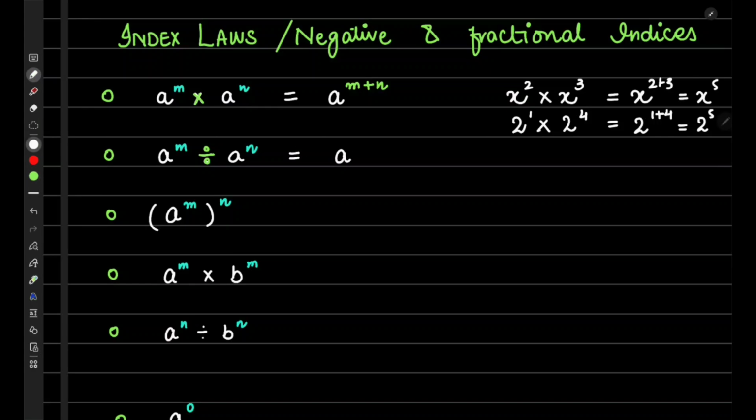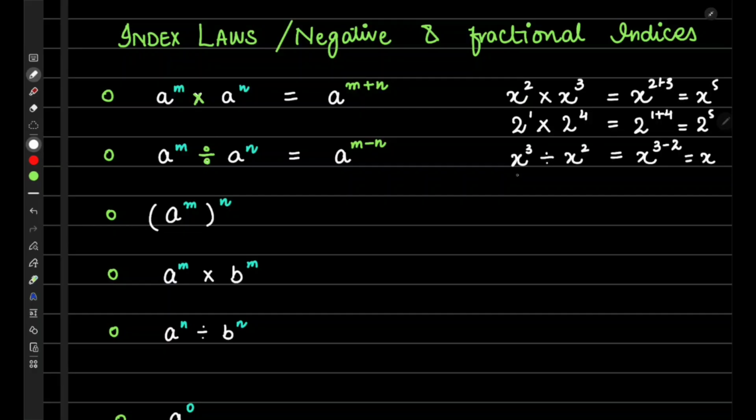You will write your base once, that is common, and you will subtract their powers, m minus n. Okay, so let's take an example for this as well. For example, you have x to the power 3 divided by x to the power 2, so you end up getting x to the power 3 minus 2, that is x to the power 1. We often don't write the power 1, so it is just x.